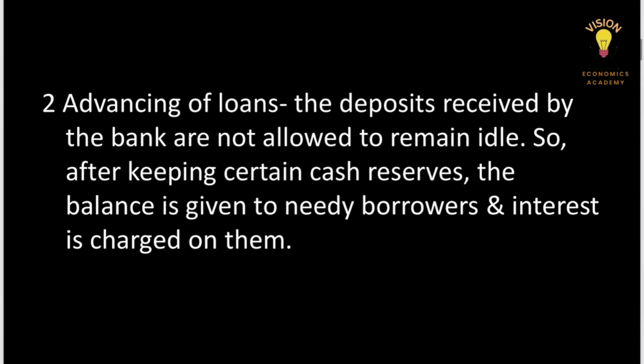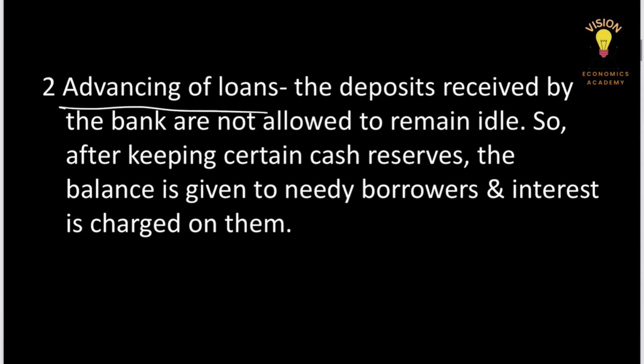Now, another primary function is advancing of loans. The amount that is deposited does not remain idle, so they keep some amount as reserves. As we progress in the chapter, we'll be covering credit creation by the commercial bank, and there you will know more about what cash reserves are.